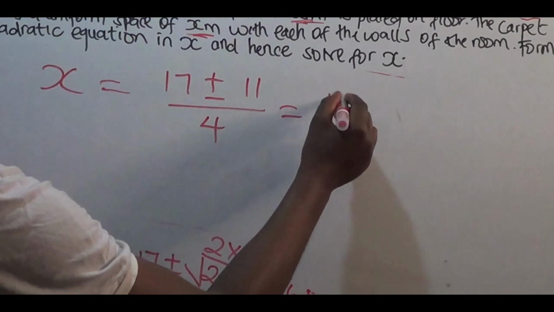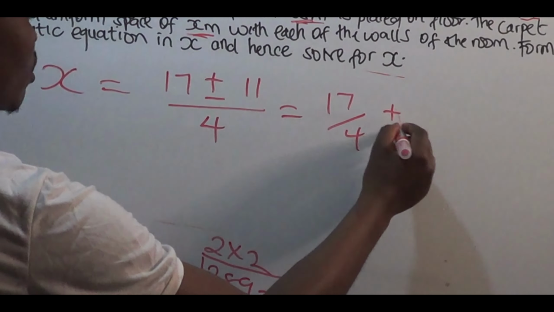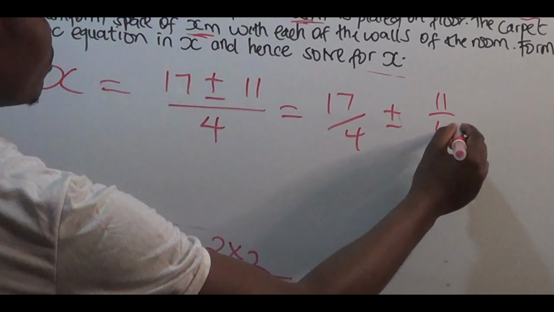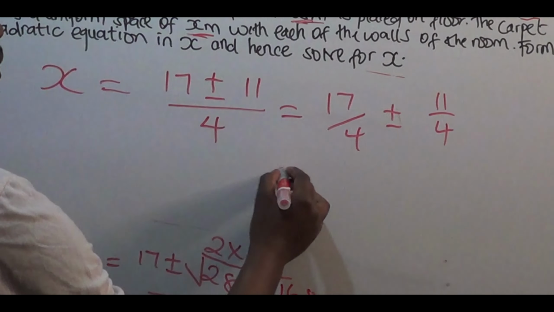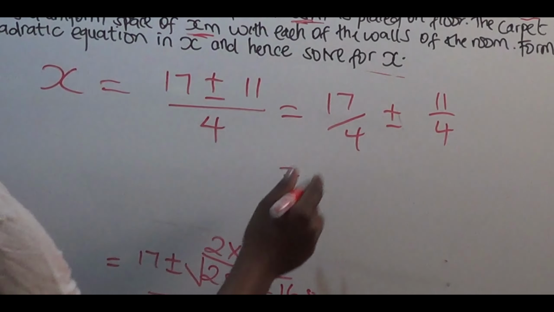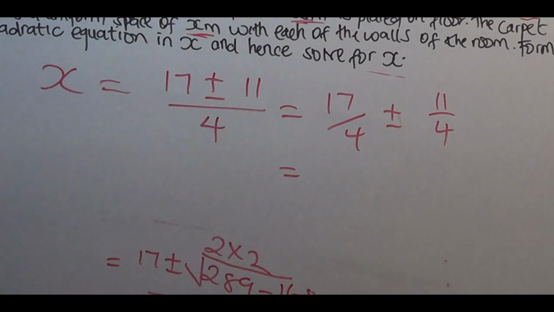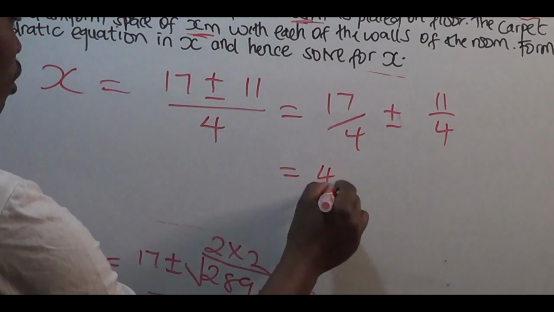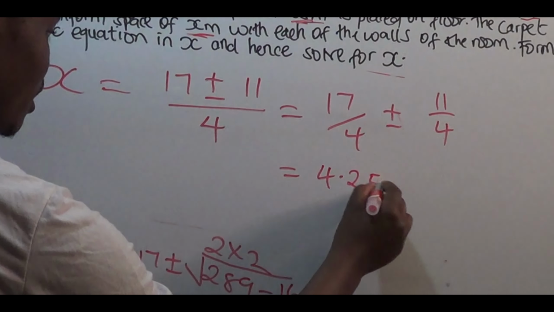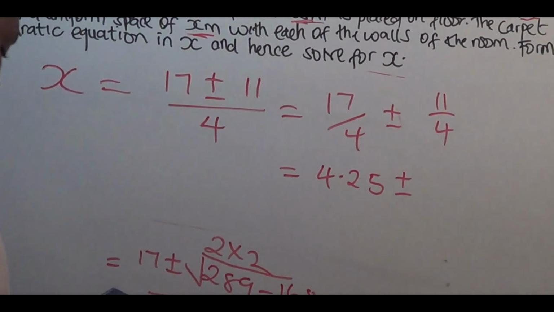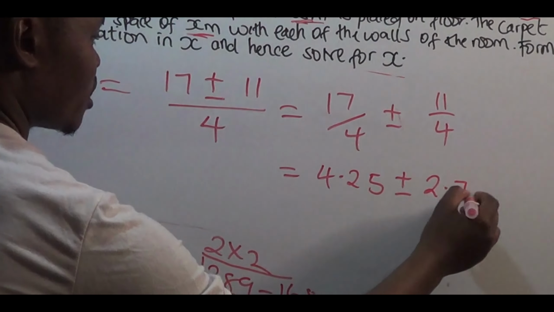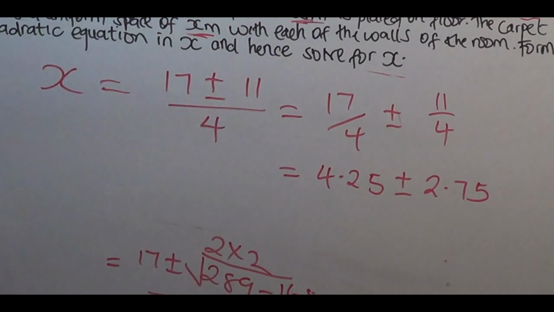So this is the same as 17 over 4 plus or minus 11 over 4, whereby now 17 over 4 is 4.25 plus or minus 2.75.